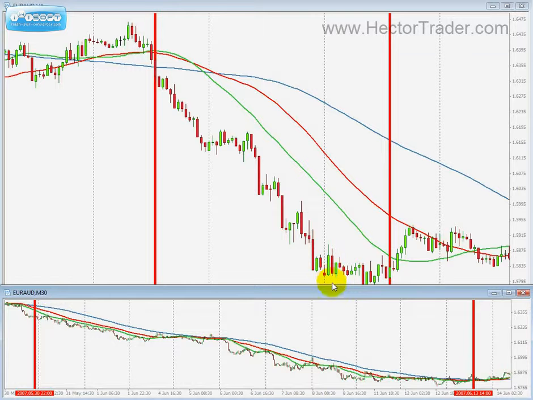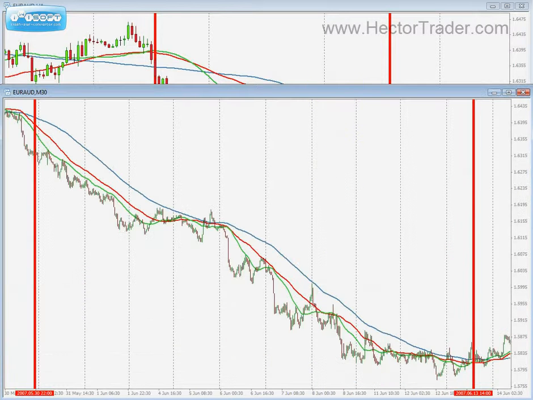Now, let's have a look at the 30-minute time frame. As you can see, this is a pretty zoomed out chart because it's a much shorter time frame, and therefore I need to squeeze in my chart in order to fit it on the screen. In the 30-minute time frame, we see a number of crossovers. The moving averages are crossing over.